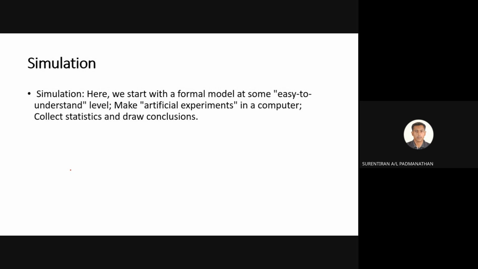We do some experiments, measurements. Then we collect the data. Then what we do, we compare the simulation results and the real results. Okay, so we need to remember that the real result is the one you fabricate.